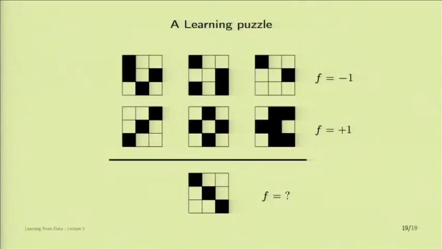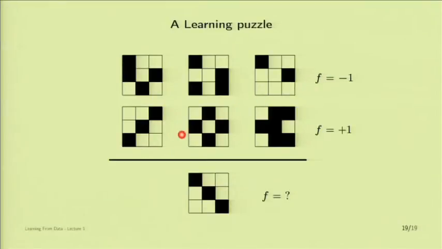What is above the line are the training examples. I put the input as a 3x3 pattern in order to be visually easy to understand. But this is just really 9 bits worth of information. And they are ones and zeros, black and white. For this input, and this input, the value of the target function is -1.